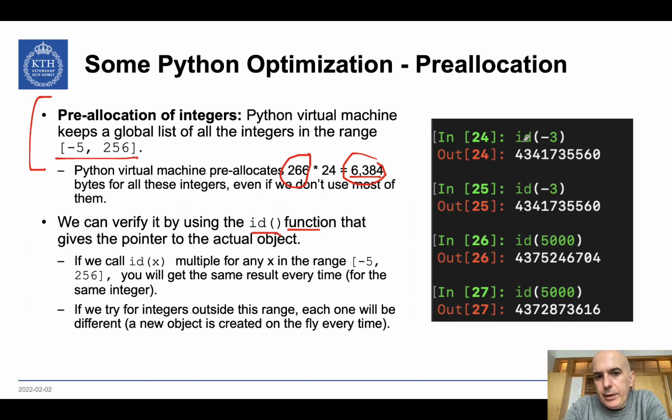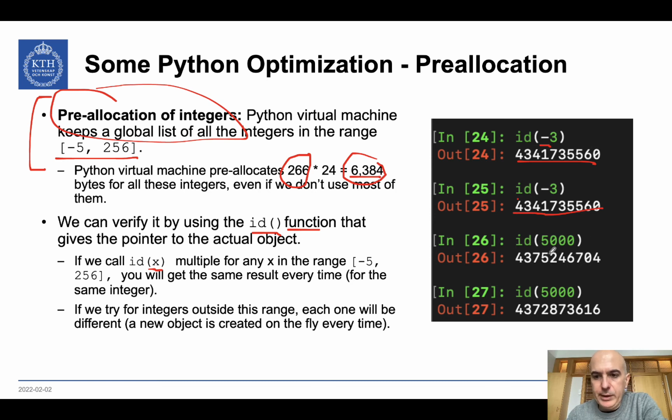If we use the id function to check the reference for a certain integer, we will see, for instance, that when I do id(-3), we get this number. If I later do id(-3) again, I get the very same number, and the reason is that these integer numbers have been pre-allocated by the Python virtual machine.